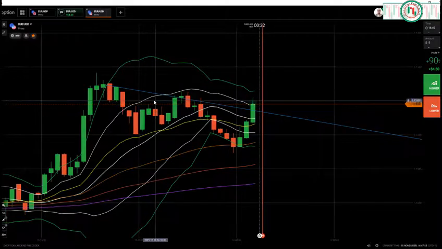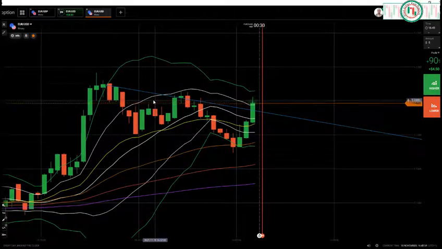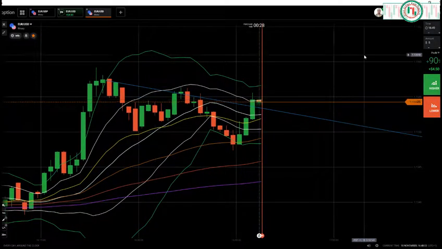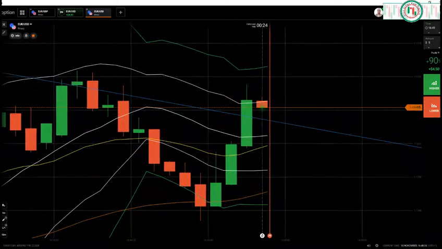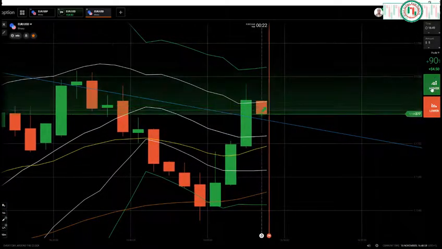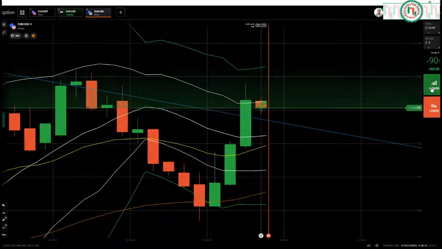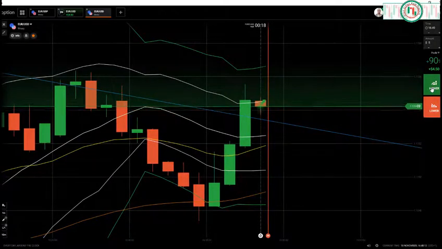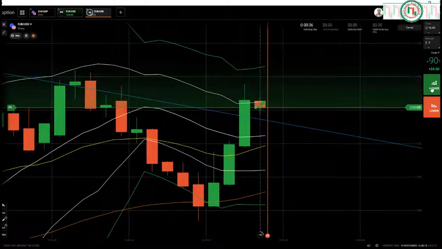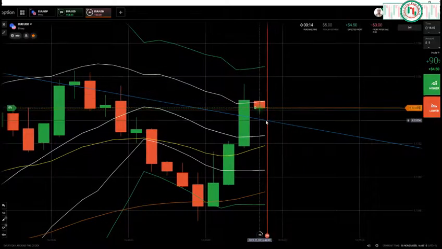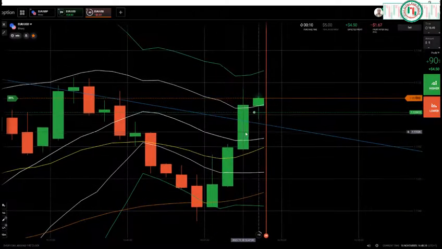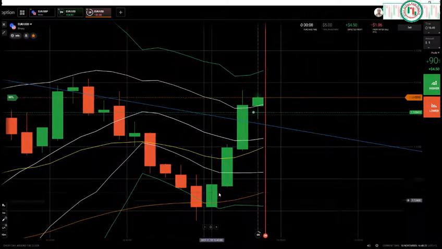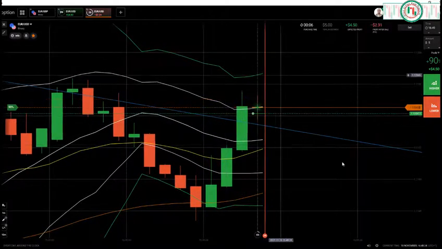This round number is strong as well here. Yes, I place a call option again, even though I have 1, 2, 3 white soldiers, but the momentum, the market must break this level.